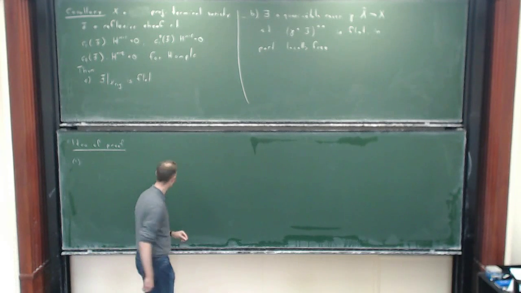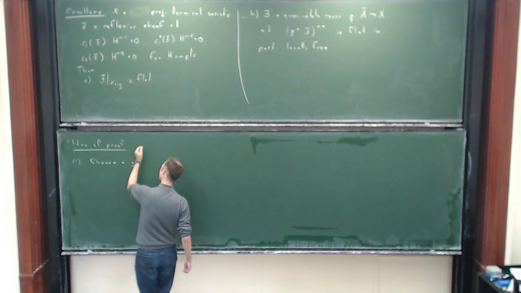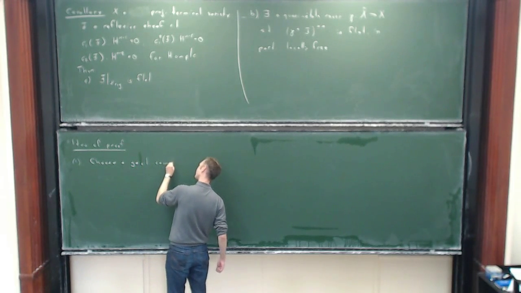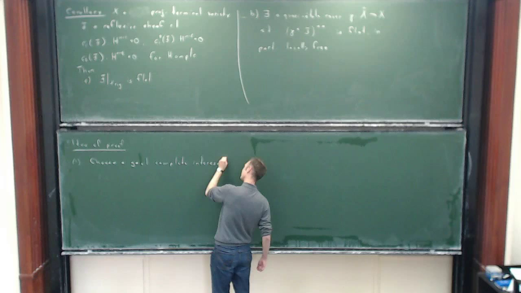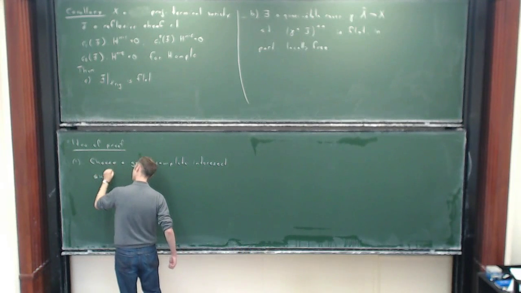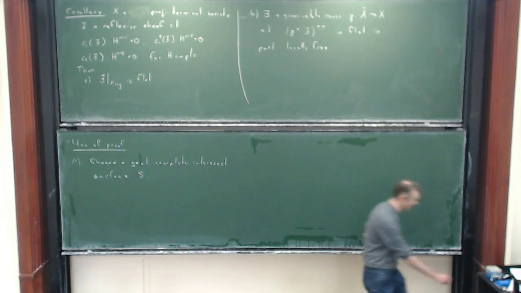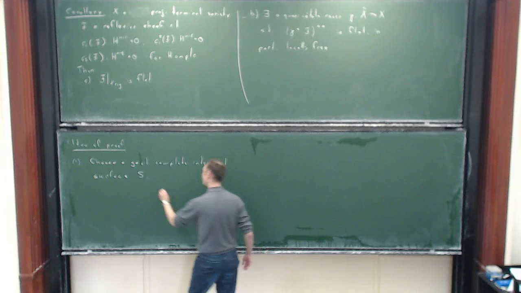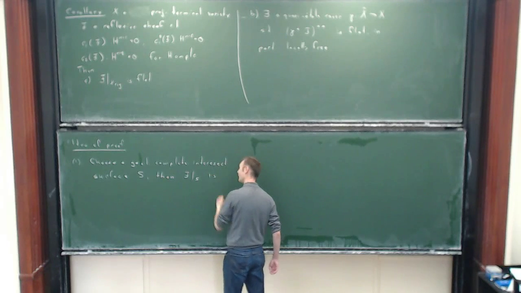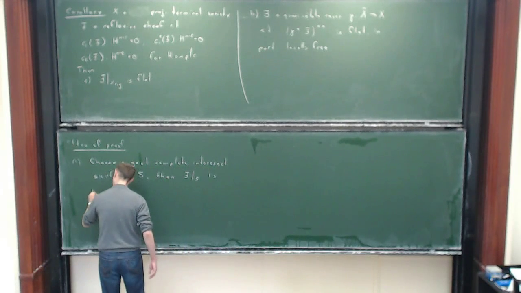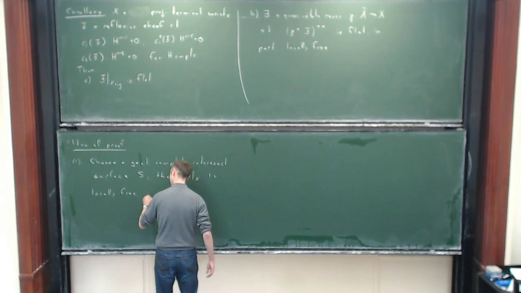Idea of proof is, of course, choose a general complete intersection surface S for H. Then F restricted to S is locally free and has vanishing Chern class.